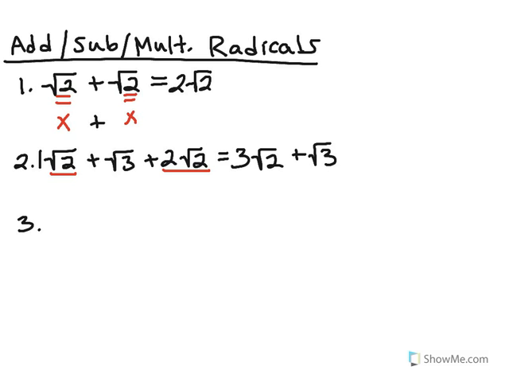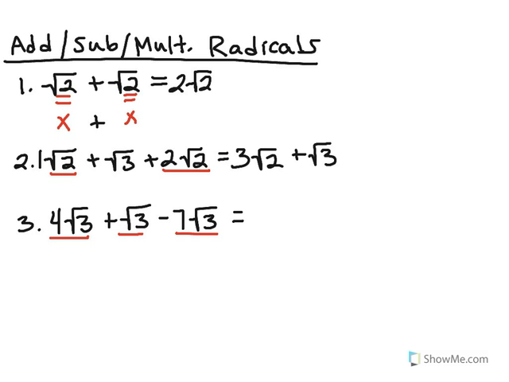What about something like this? What if I have 4 square roots of 3 plus the square root of 3 minus 7 square roots of 3? Once again, we want to identify the like terms or the like radicals. This is a square root of 3 term, so is this, and so is this.